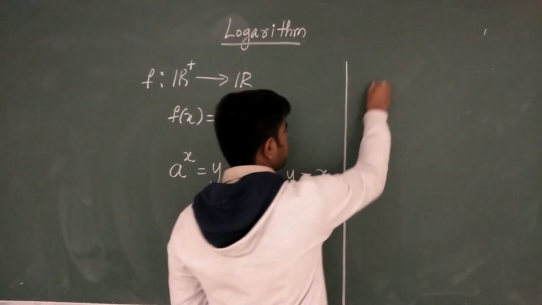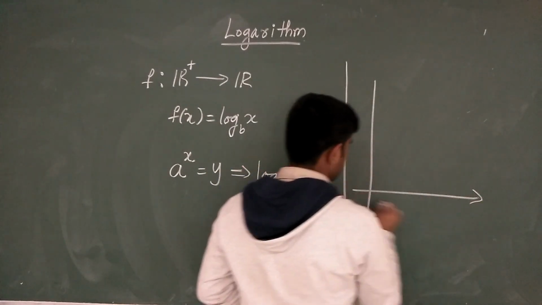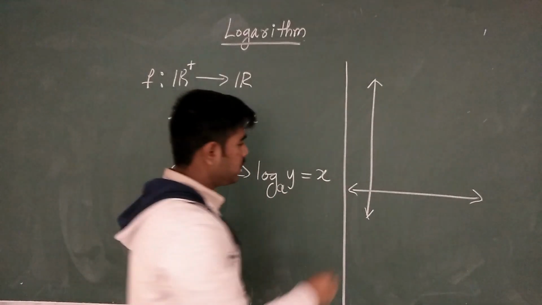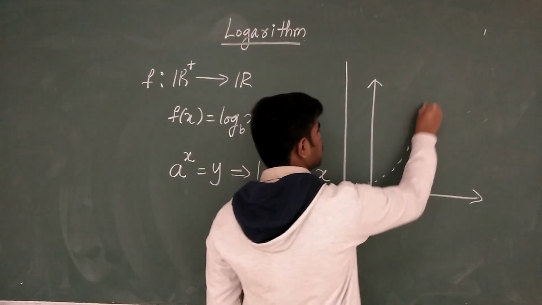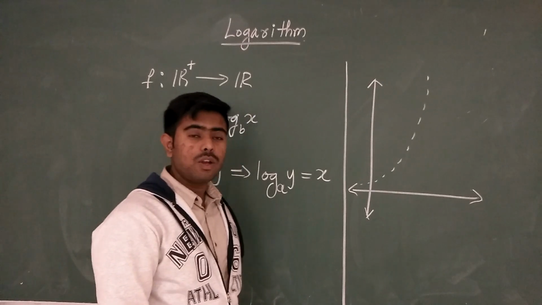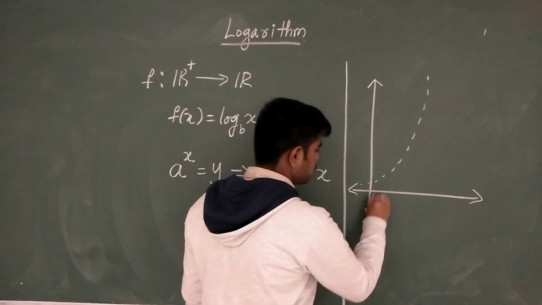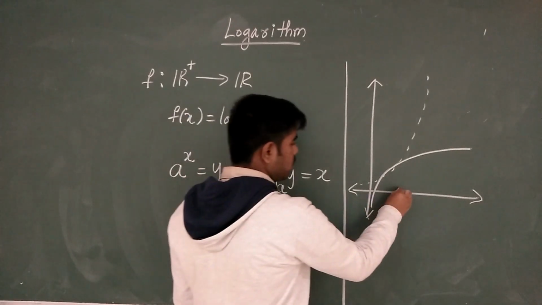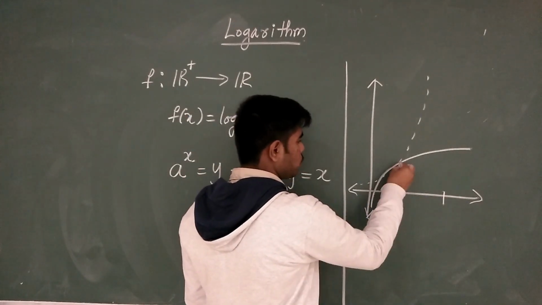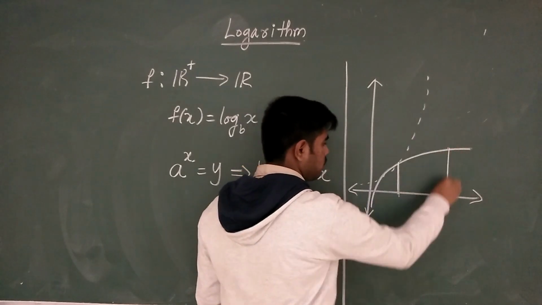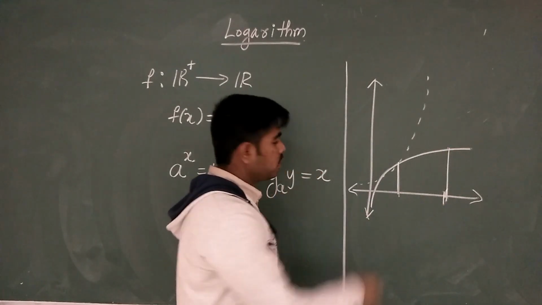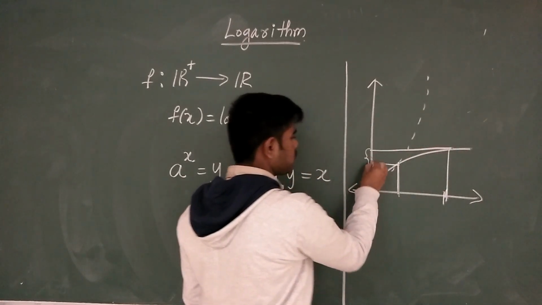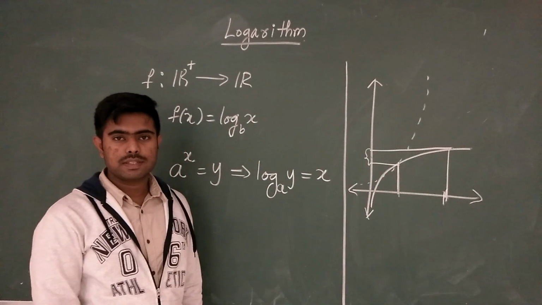If I want to depict that, I told you that the exponential function goes like this, but our logarithmic function will go like this. You can see that even if I increase so much along the x-axis, there is only a small gap along the y-axis.